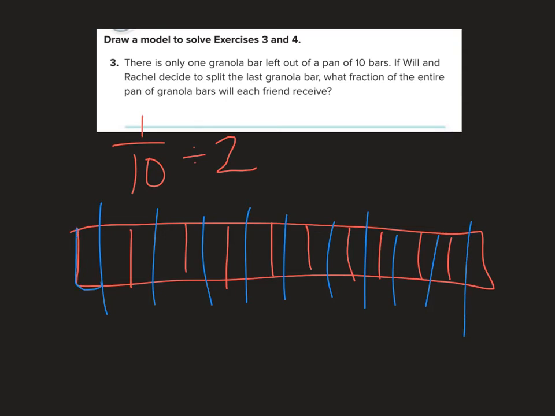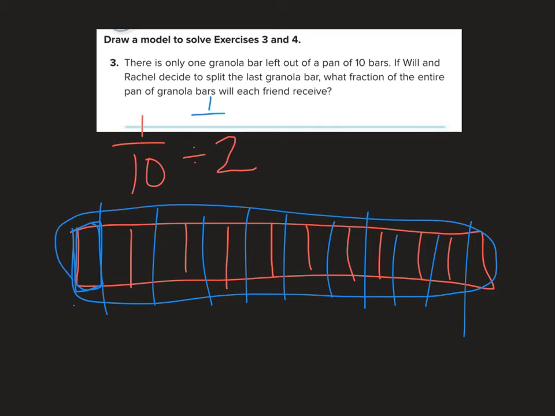Then this piece right here is worth 1 out of how many total pieces are left now? Or how many pieces are total in the bar? There are 20 total pieces. So 1/20th of the pan is how much they will receive.